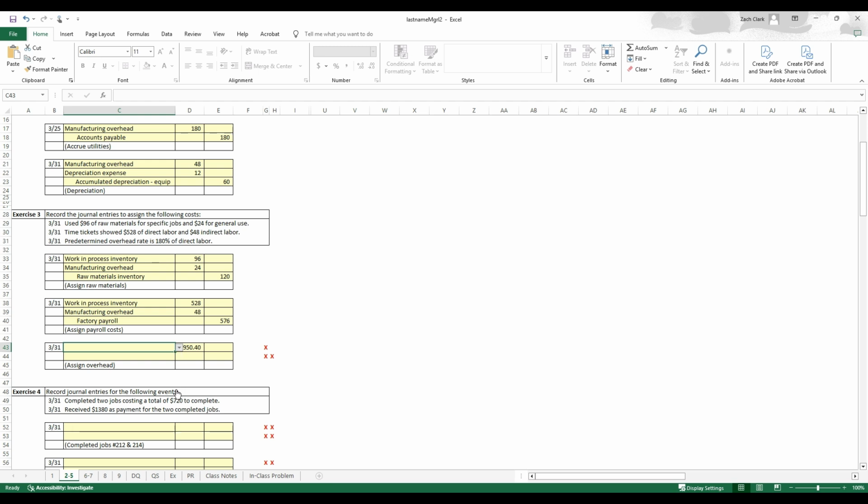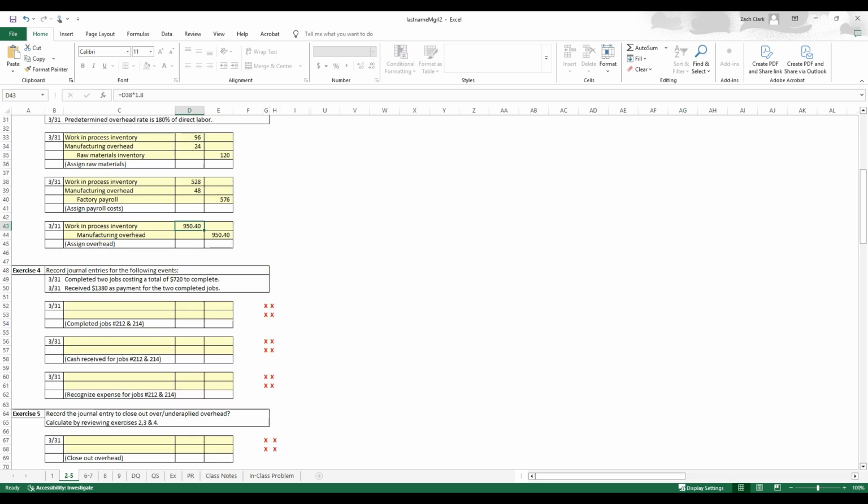And then that's going to move that portion of the manufacturing overhead into the work in process inventory account. Oops, sorry, I was saying WIP when I selected that. We're moving it into WIP, or we're moving it out of the manufacturing overhead account. So we're assigning the overhead essentially in those.